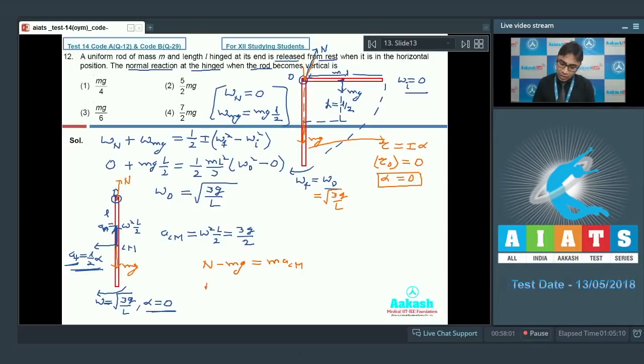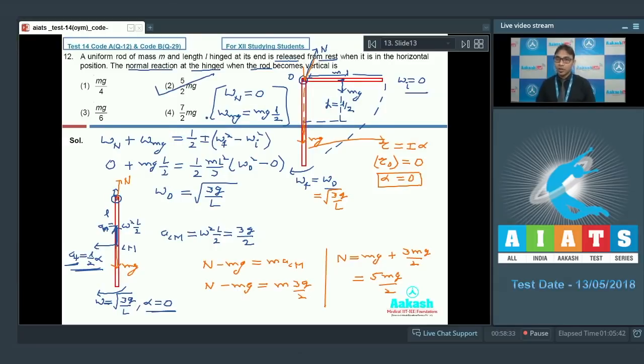If I put the values, N minus mg will be equal to m into ACM, which is 3g by 2. By solving this, we will get N equal to mg plus 3mg by 2, so we get 5mg by 2. So our option number 2 will be correct.